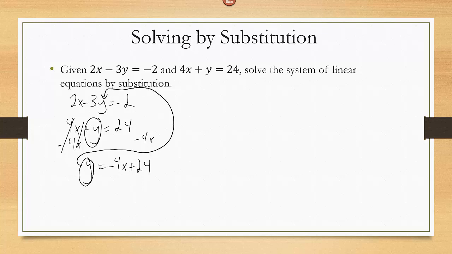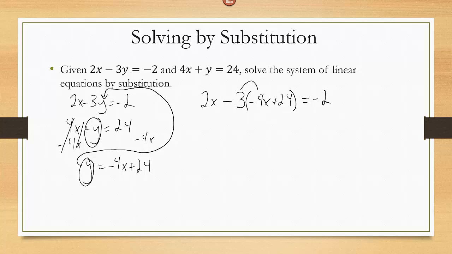Now let's substitute this y into this second equation. So we have 2x minus 3. Because this y equals negative 4x plus 24, we're going to replace this y here with negative 4x plus 24. So parentheses, negative 4x plus 24 equals negative 2.